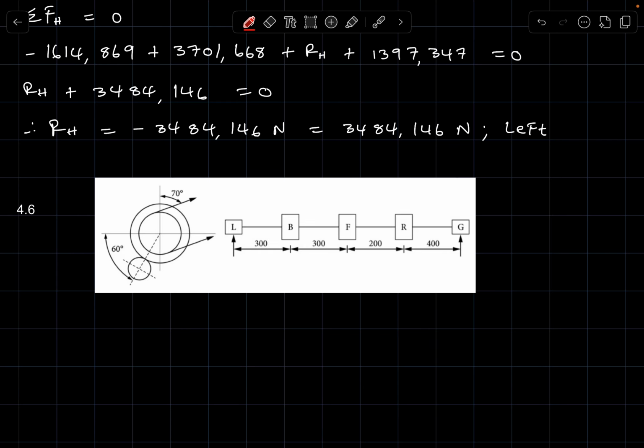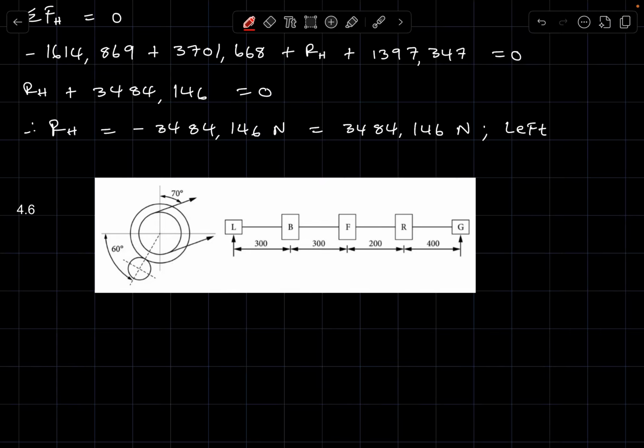Right, so the easiest way of doing it is you consider the reactions on the left hand bearing as well as the right hand bearing from the perspective of the reactions along the horizontal plane and the reactions along the vertical plane.